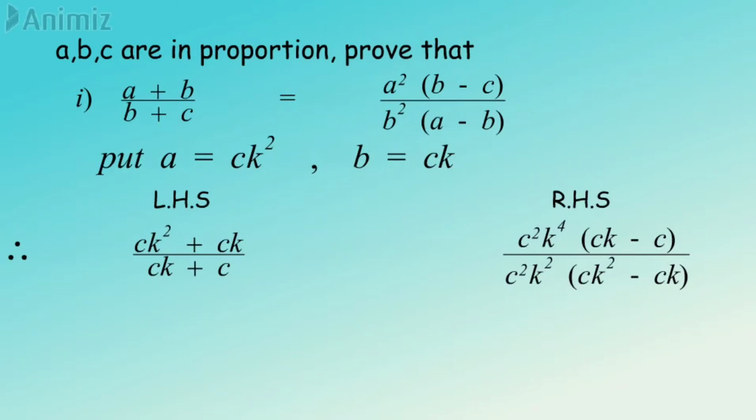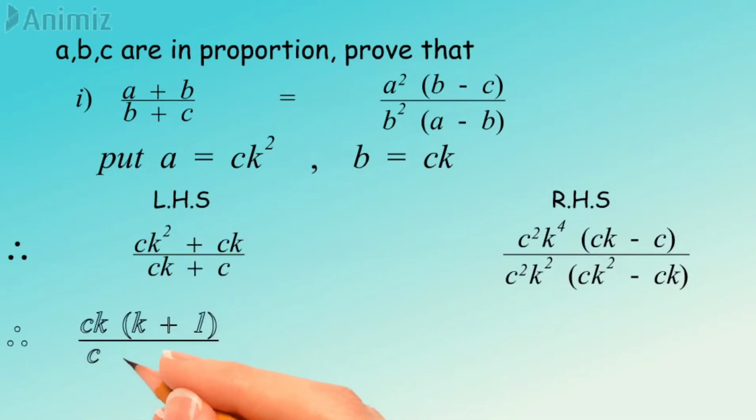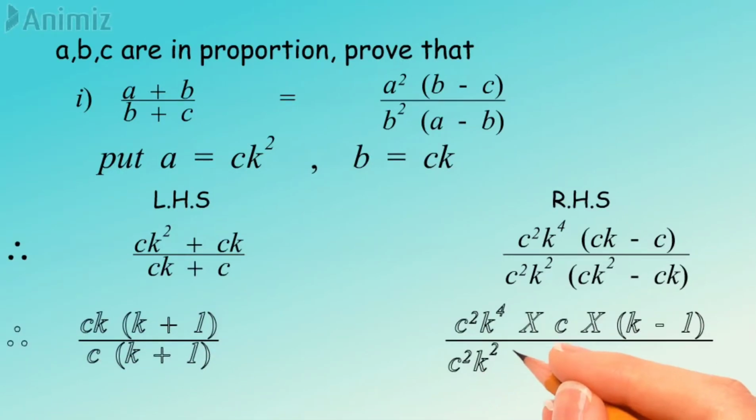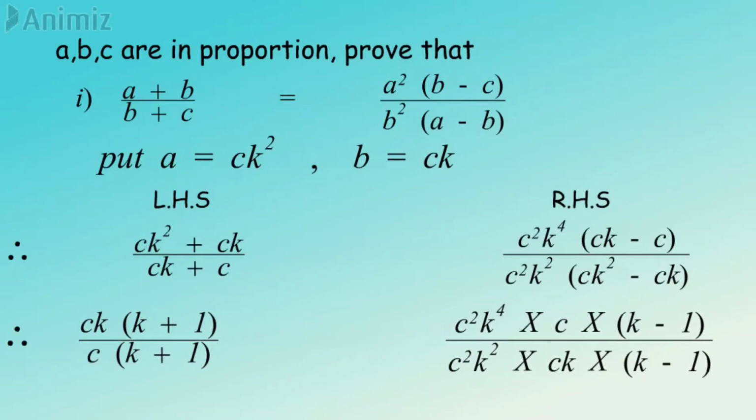After taking ck and c common on the left hand side as well as right hand side, you will get like this. Now, k plus 1 bracket and c is common on the left hand side. You can cancel that. Same way c square, c and k minus 1 bracket is common in the numerator as well as denominator.